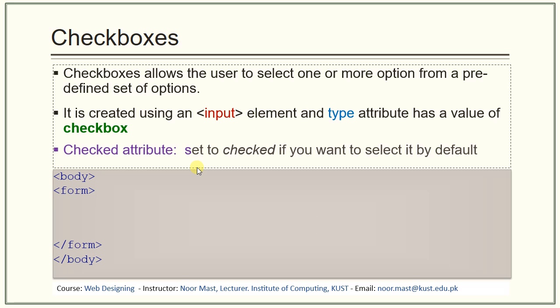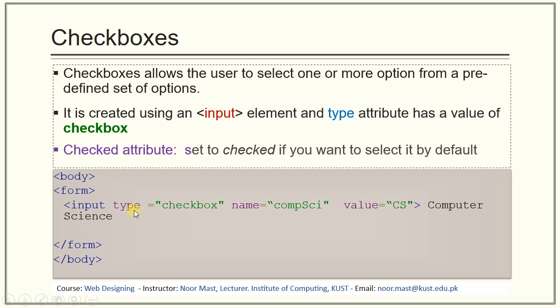Here we want to create two checkboxes. So this is the first one, type checkbox, name computer science, value CS. This is the second one, type checkbox, name physics, value PHY.